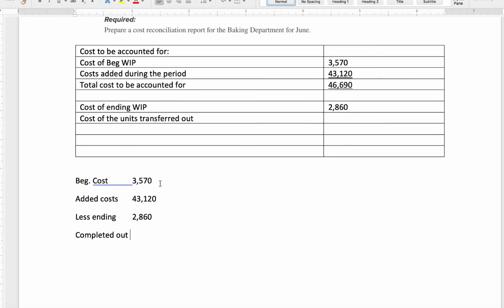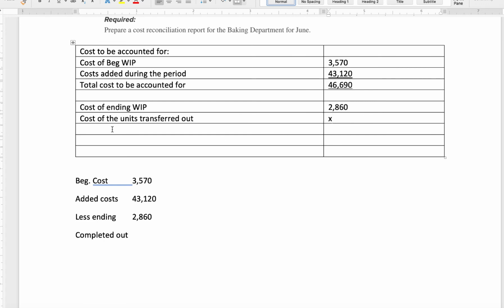Okay? Well, guess what? I already know that these two right here have to equal 46,690, because I already did it up here. I'm going to put an X right here.